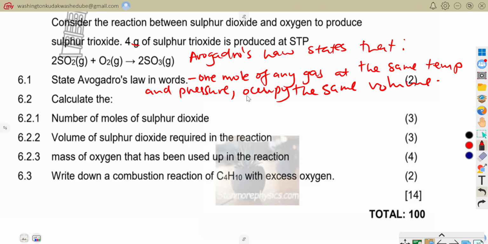They occupy the same volume. 1 mole of any gas at the same temperature and pressure occupy the same volume.